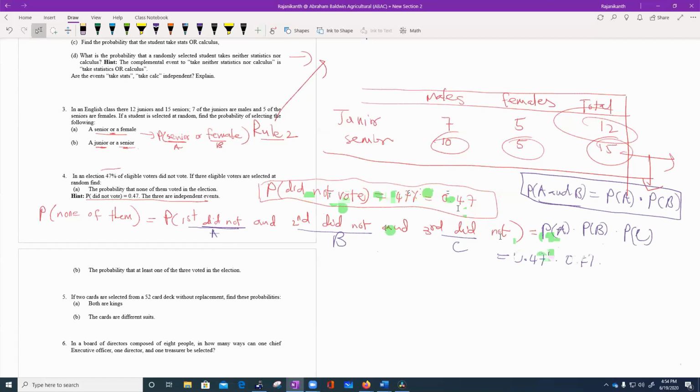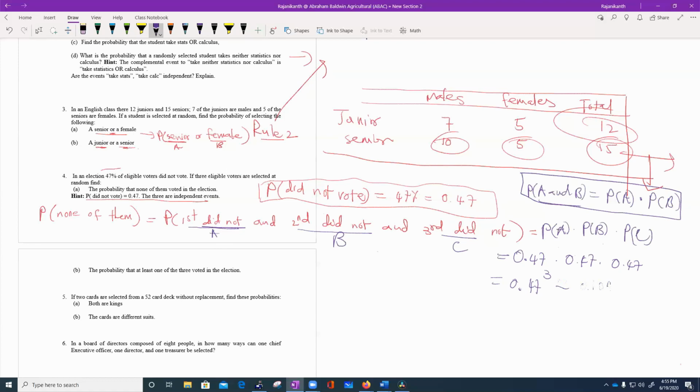All three did not vote, so that is simply 0.47 to the power 3. Does that make sense? Yes. So now type this into your calculator. Whenever you see and, try to write the product. Whenever you see or, then you write plus, the addition rule. So that should be 0.104.